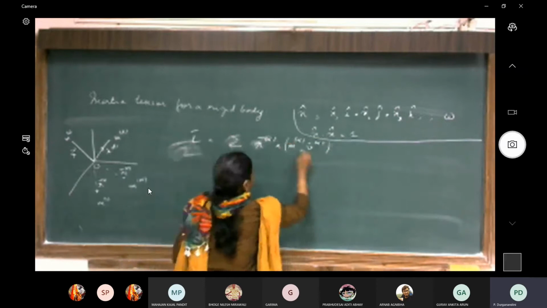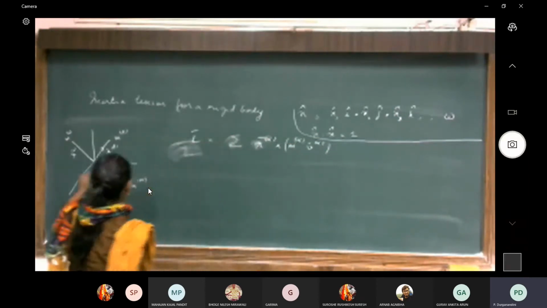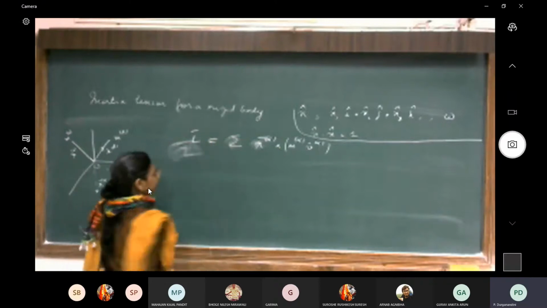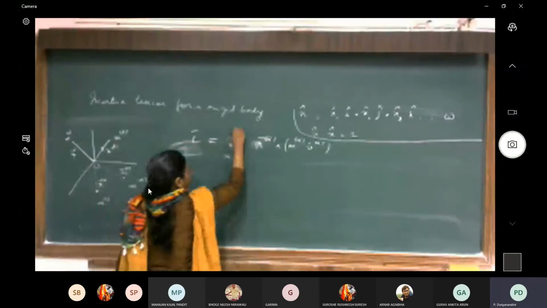So this is the linear momentum, and this is the position of the particle with respect to this origin. Remember, whenever I talk of angular momentum, it's always with respect to a certain choice of the origin. Then I sum up over all of this.